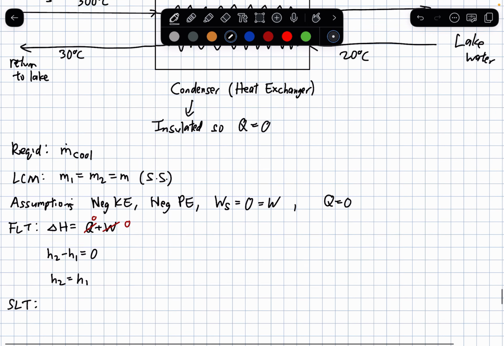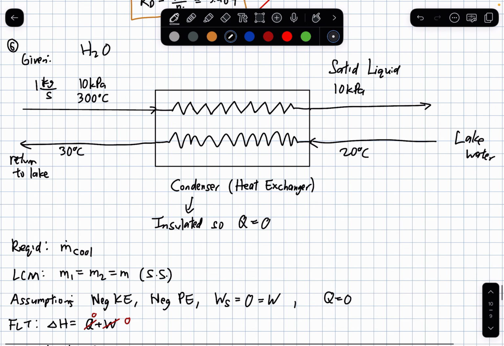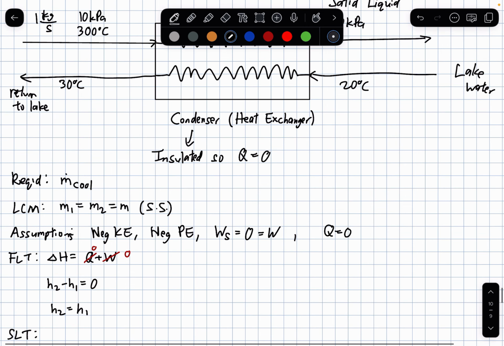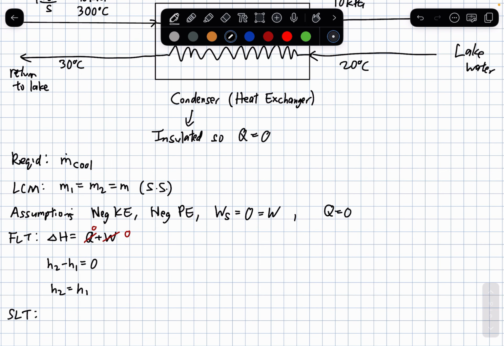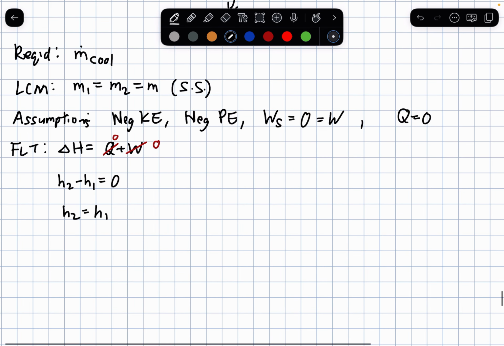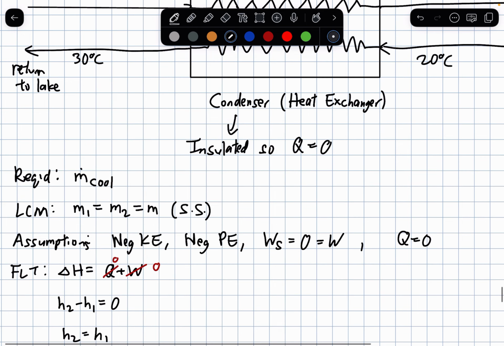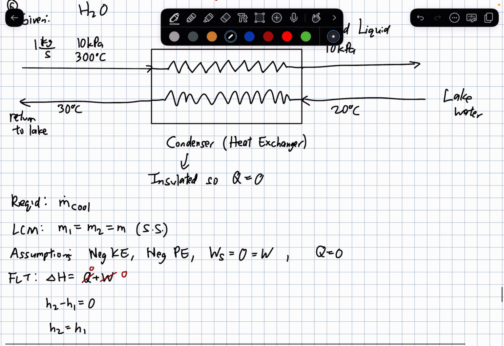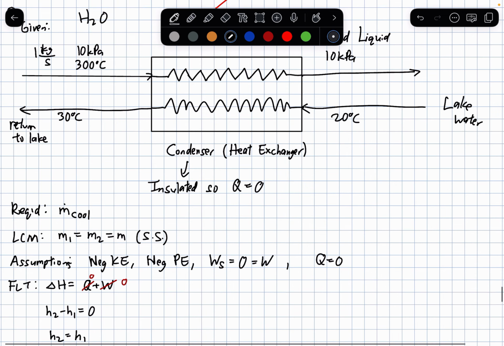Do we need an entropy balance? Is the process reversible, or is there irreversibility or isentropic efficiency information mentioned? No. So I think we're just gonna cap it at energy balance. We have a mass flow rate. We have condition for state 1.